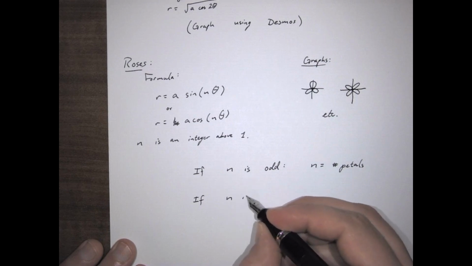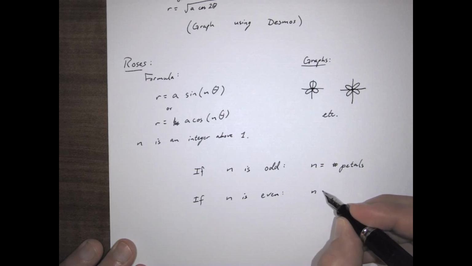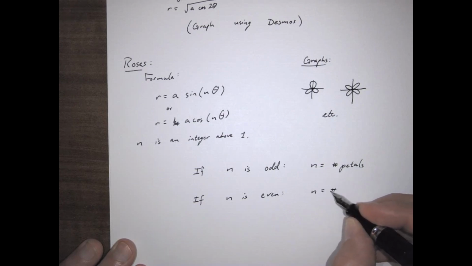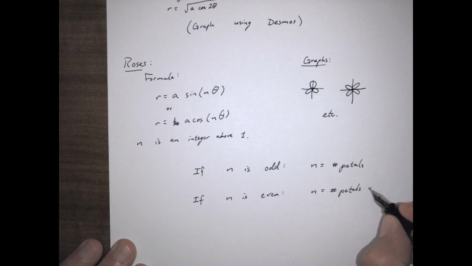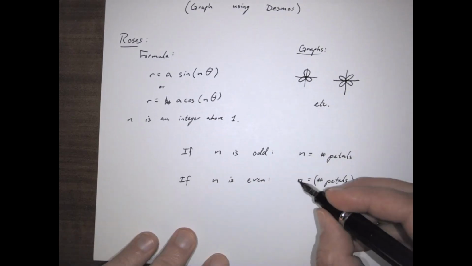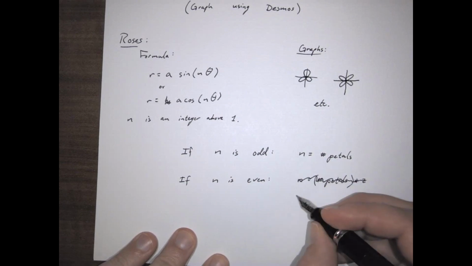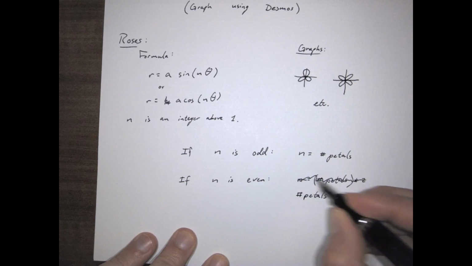If n is even, the number of petals equals n times 2.